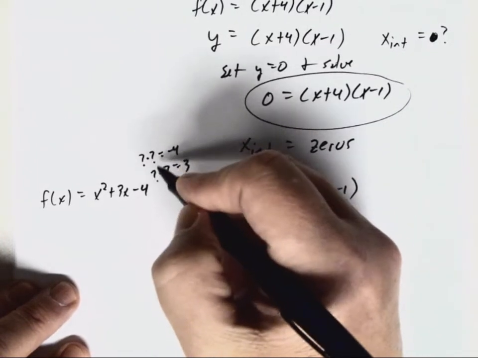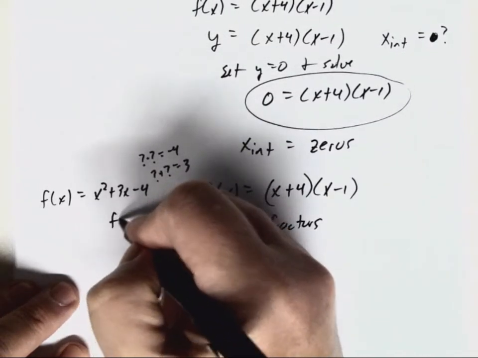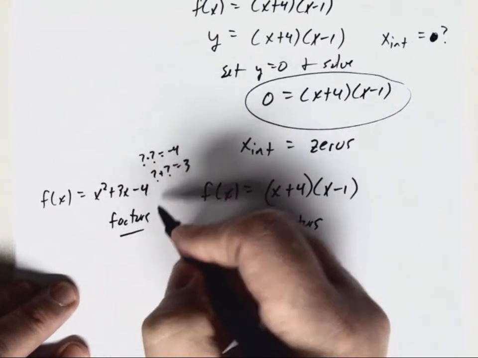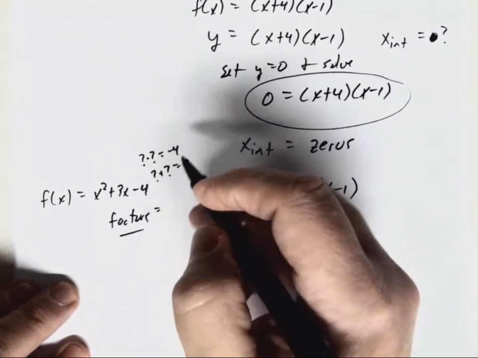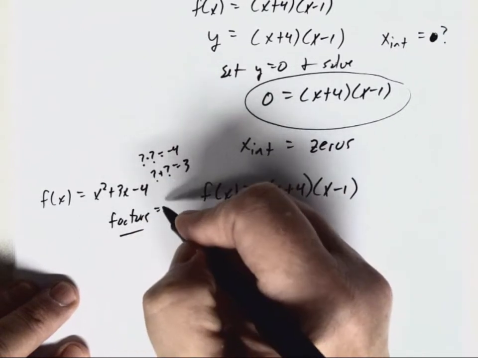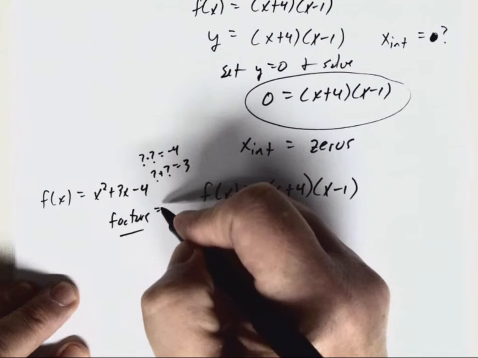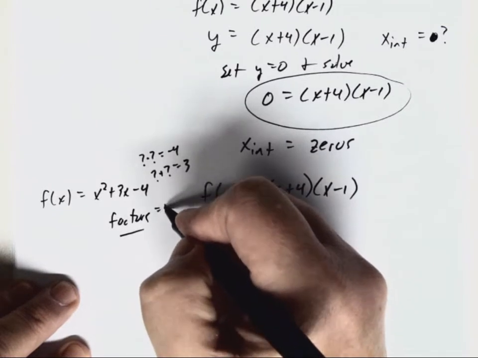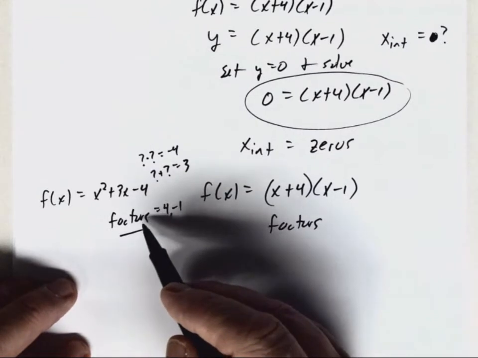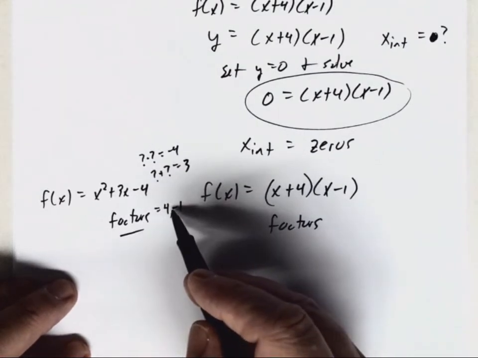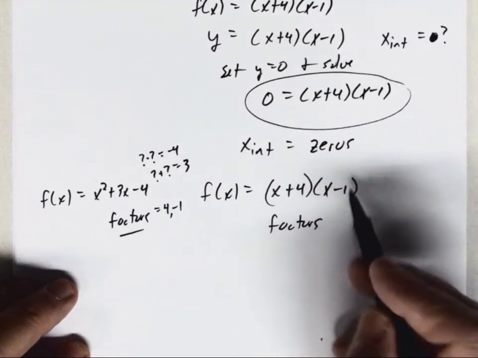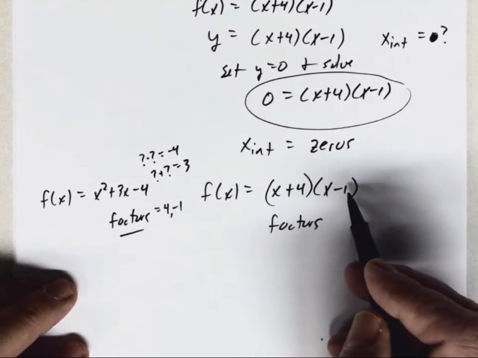The numbers that do that trick, those numbers we call factors, and in this case, we found the factors to be 4 and -1. And once we find the factors, then we can rewrite the equation in factored form.